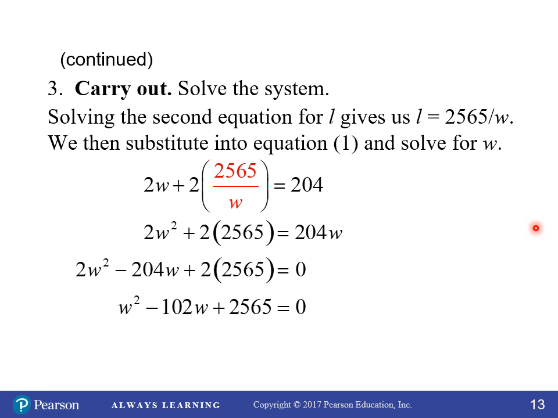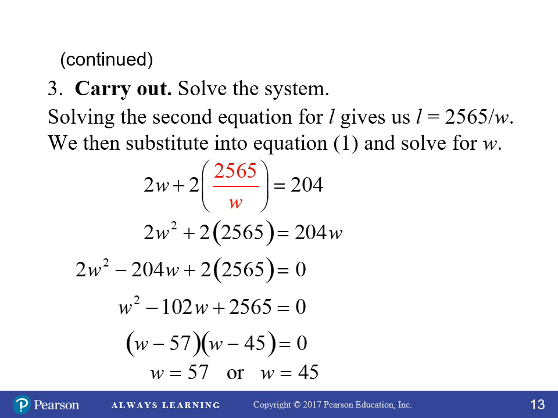And then they simplified by dividing everything by a 2. And then we're looking at seeing, is this factorable? They're going to see it is factorable, because 57 times 45 multiplies to 2,565, and then it would add to the 102. So that works. So we have 2 possible solutions for our width, 57 or 45.